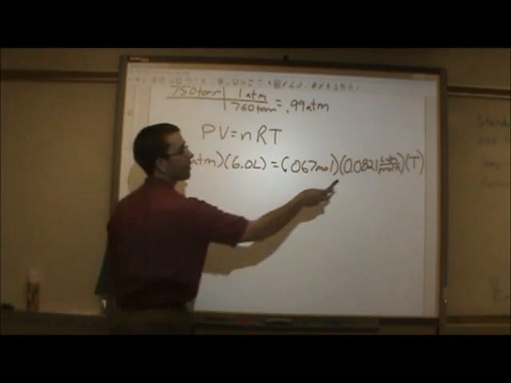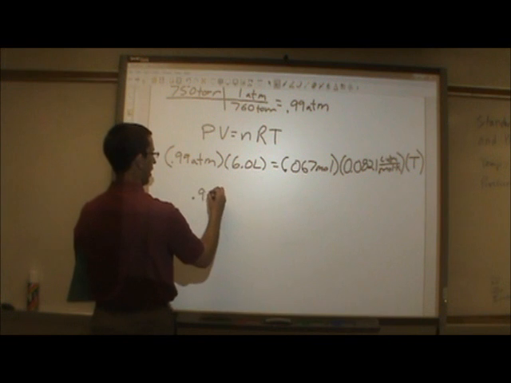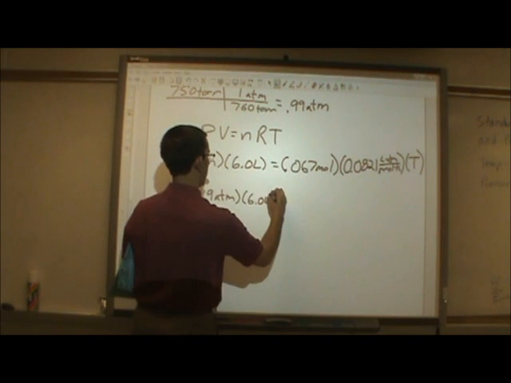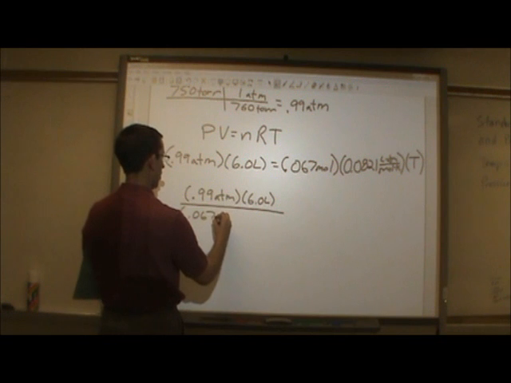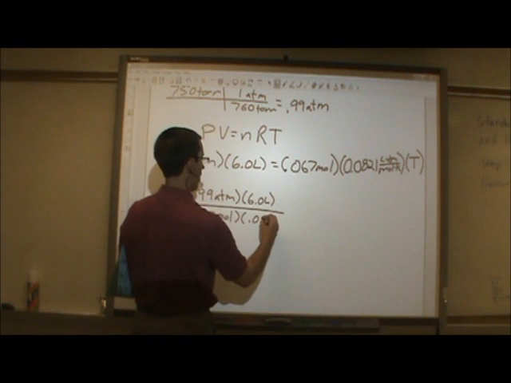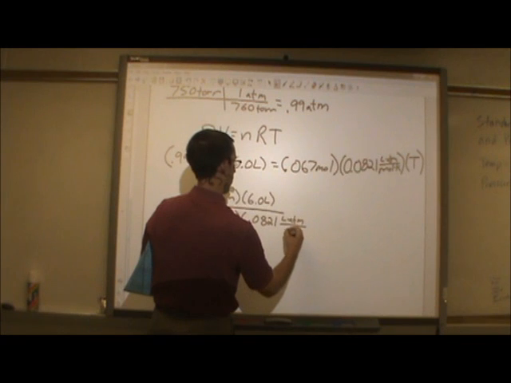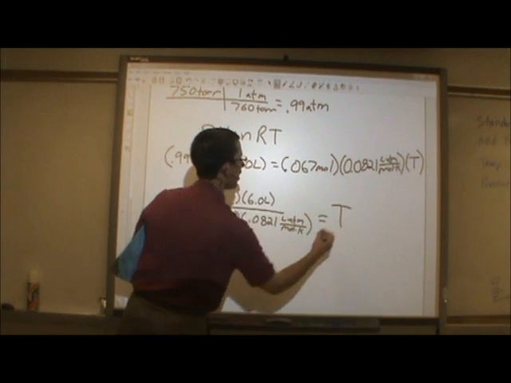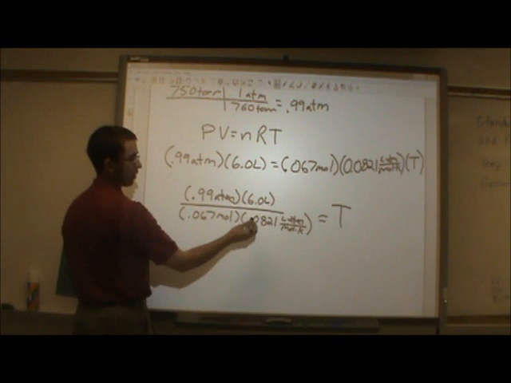If I want to get T by itself, I'm going to divide all this over here. So rewrite this: 0.99 atm times 6.0 liters divided by 0.067 moles times 0.0821 liters atmospheres per mole Kelvin is equal to T. When I divide these, atmospheres and atmospheres cancel.